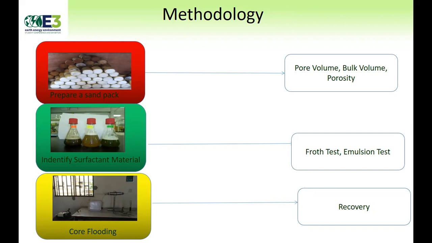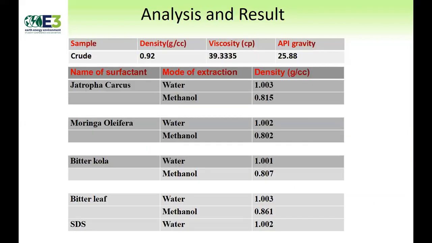Some of them are Moringa oleifera, Jatropha curcas, the bitter leaf, and other leaves that have surfactants, saponin, found in them. So what we did was a foam test and also an emulsion test to identify this surfactant material. And then we have a core lab where this experiment was carried out for recovery.